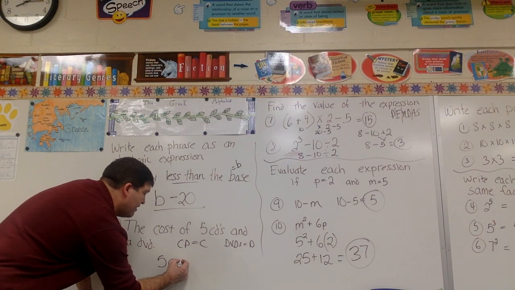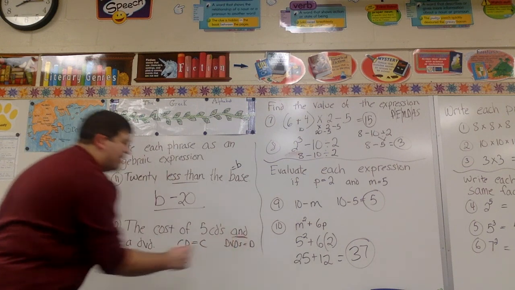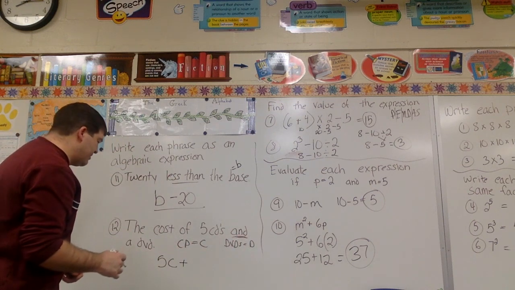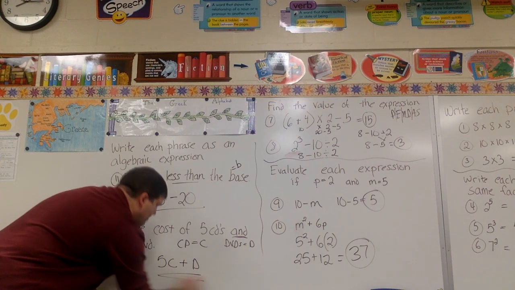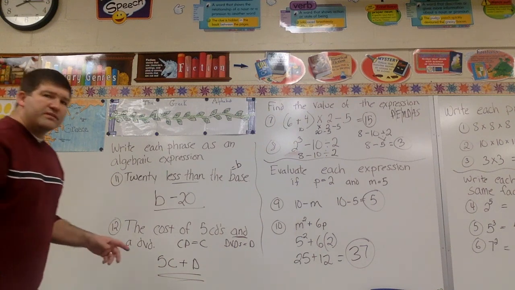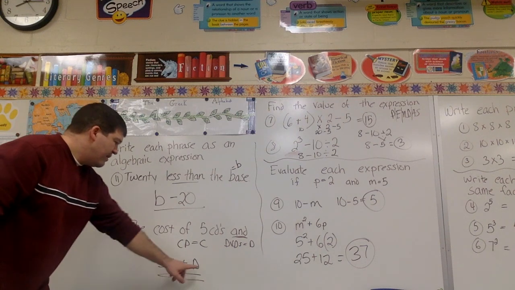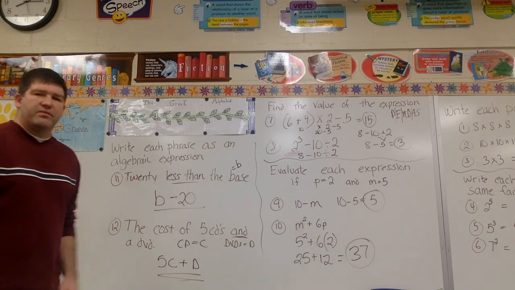And then I'm going to add, because it's the cost of this, and tells me I'm adding, and a DVD. So I do 5C plus D. Once I know the cost of the CDs, I plug it in here, and the DVD, I plug it in here, and then I do this multiplication, add it to it, then I know my total cost.